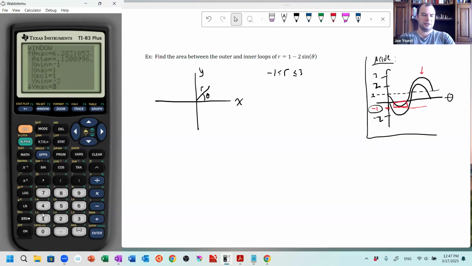And what did I say? -3 to 1 or so on y. Oh, that's a little bit too aggressive on the x-axis. That's fine. We'll just go -2 to 2.